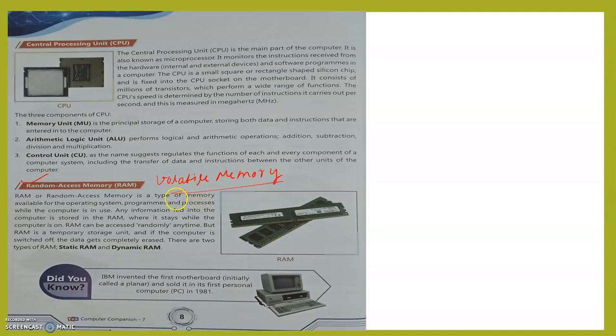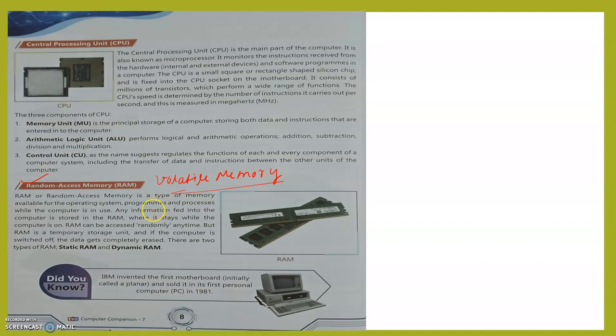It is a type of computer memory which is available for the operating system, programmers and processes while the computer is in use. When the computer is on, all the data are stored and you can access them. But when the computer is switched off, all the data gets deleted.